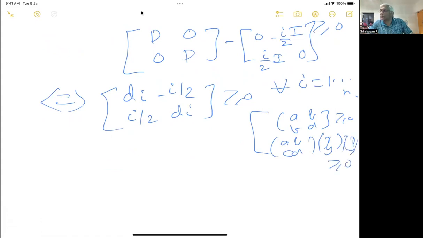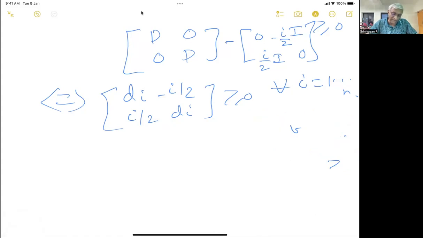You just write it, you will get a quadratic equation, with x square and y square. That doesn't matter. You consider the discriminant of the quadratic equation. That should be negative. That will precisely give you that the determinant is greater than or equal to 0. Okay, it will be the negative of the determinant you will get, and it's an exercise. The 2 cross 2 matrix positivity is equivalent to the determinant being greater than 0.